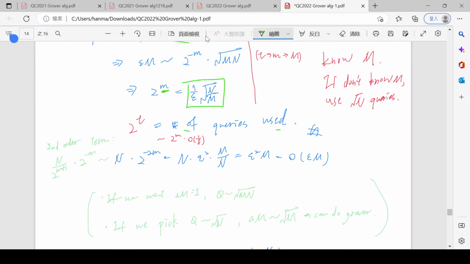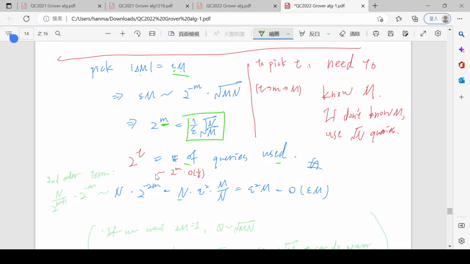And we plug things in, then it's about n times this thing squared, right? And the inverse, so it's about epsilon squared and n over n.